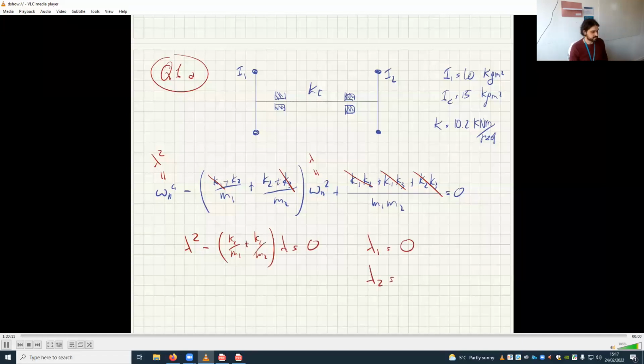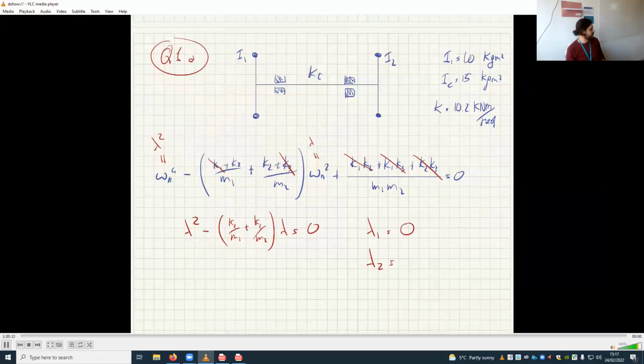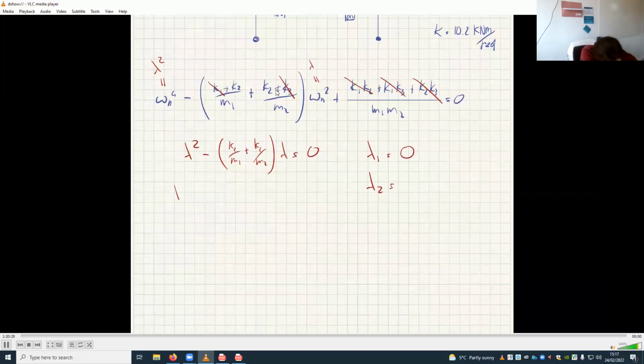Lambda 1 is 0. Can you see why? Because if I put 0, the equation is satisfied. So I can take lambda as a subject and get rid of lambda here. And so the other lambda is K2 over M1 plus K2 over M2.